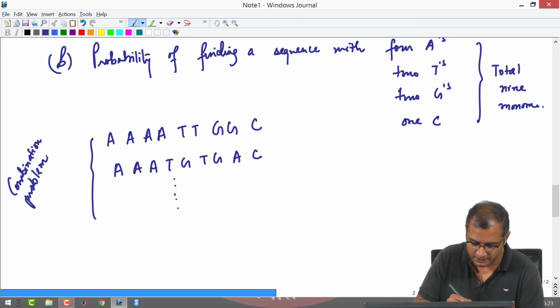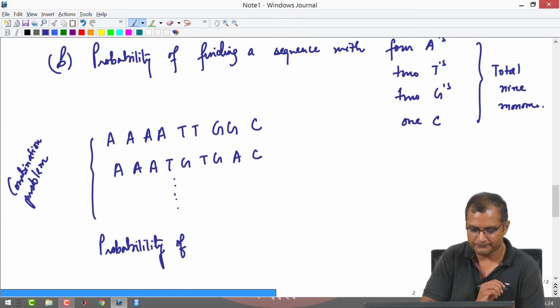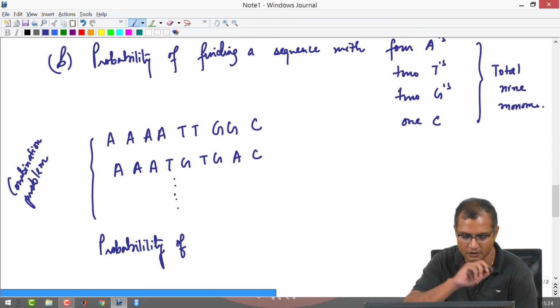You can find out the total number of combinations.